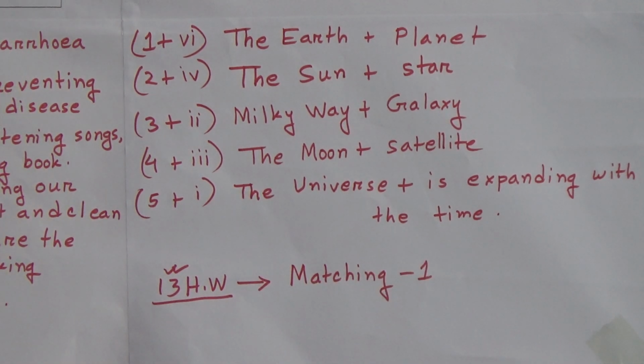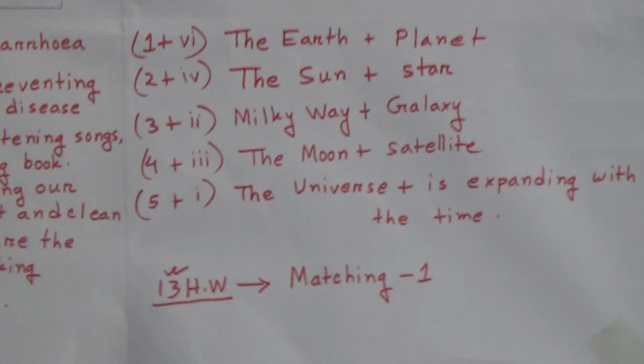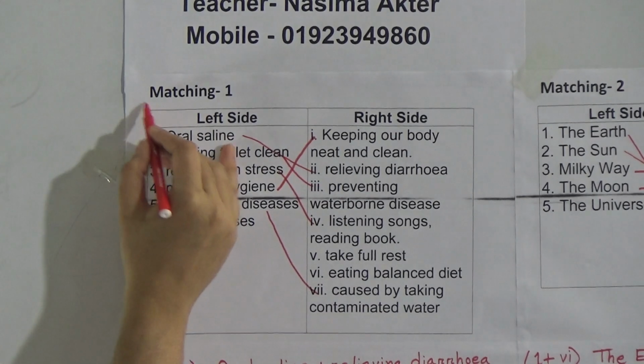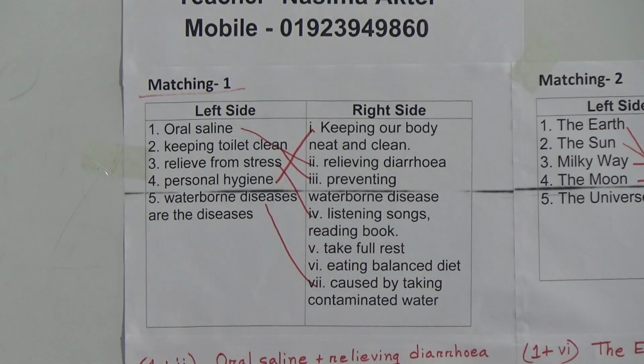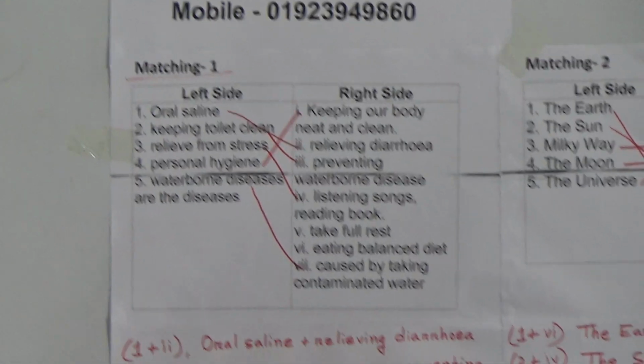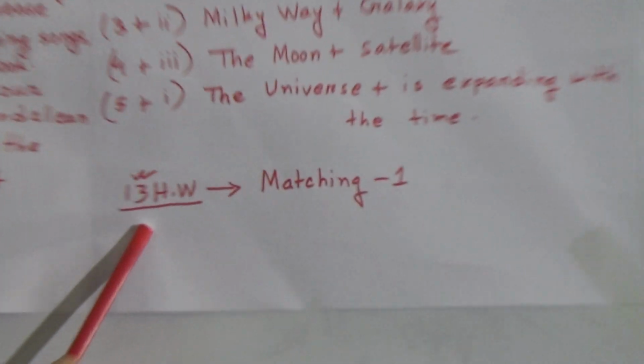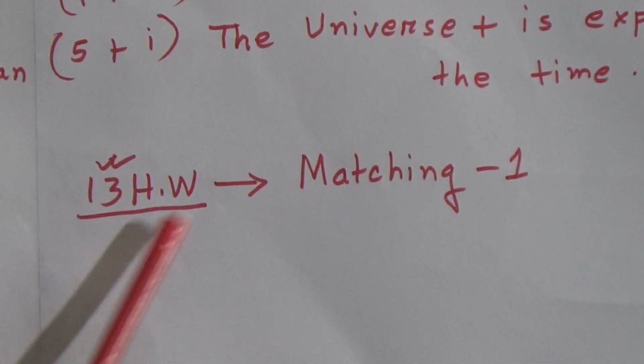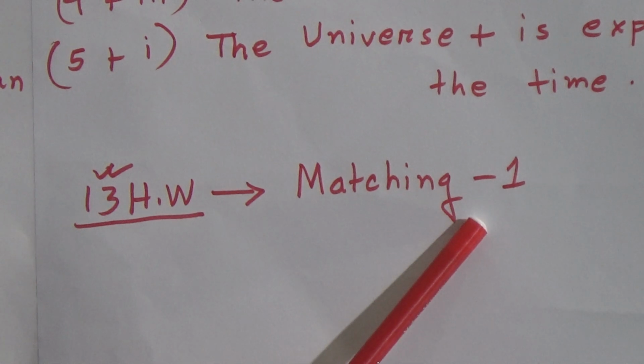Here are 2 matchings, and you have to do matching number 1. This is your SW. I am repeating your SW. This is 13 number SW, and your SW will be matching 1.